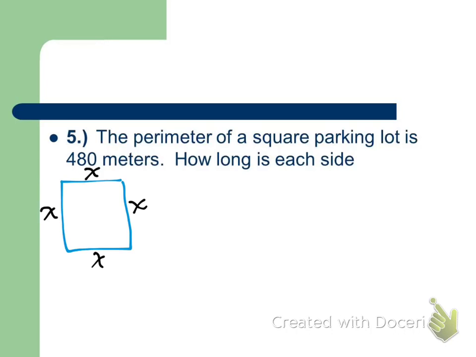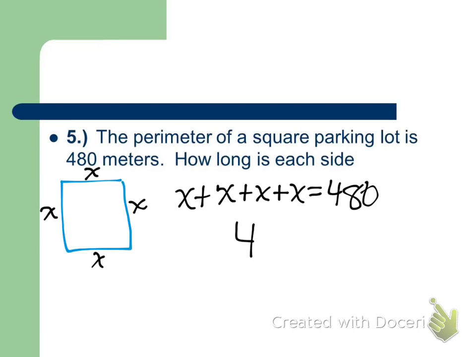If you use a different variable, that's fine. If you need to see it written out, for perimeter we add them all together, set it equal to the perimeter. So in this case, 4x or 4p, 4a, whatever your variable is, equals 480. And then towards the very beginning of this problem, Keon said, can't we just divide?